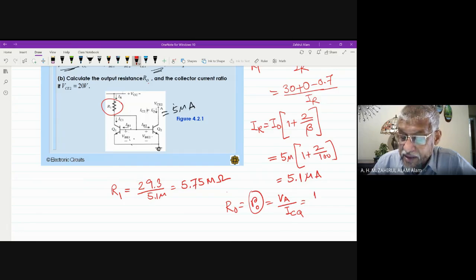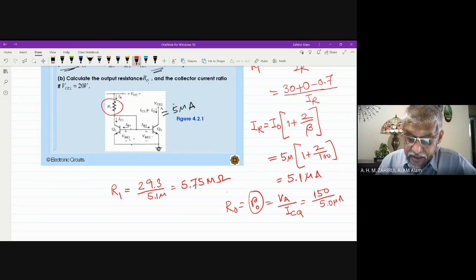So R naught is equal to 150 divided by ICQ, which is 5.0 micro.